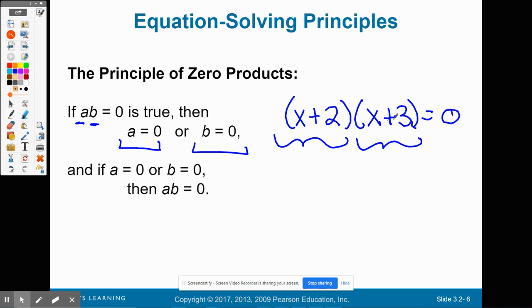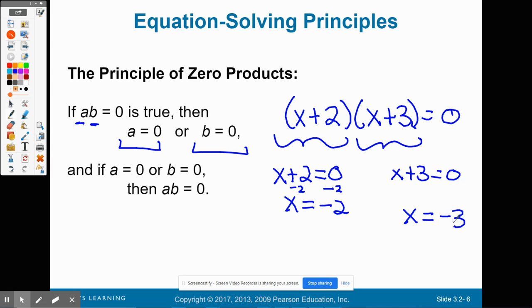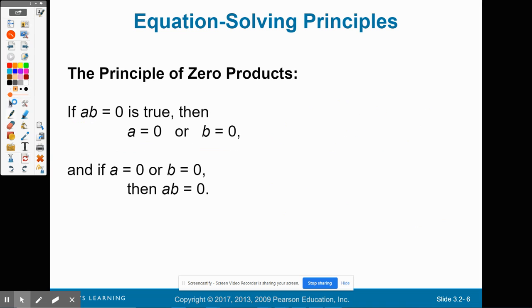If that's the case, one of those two numbers has to equal 0. So x plus 2 equals 0 or x plus 3 equals 0. And x would be, if you subtract 2 here, -2 or -3. So this principle of zero products allows us to solve equations by factoring.